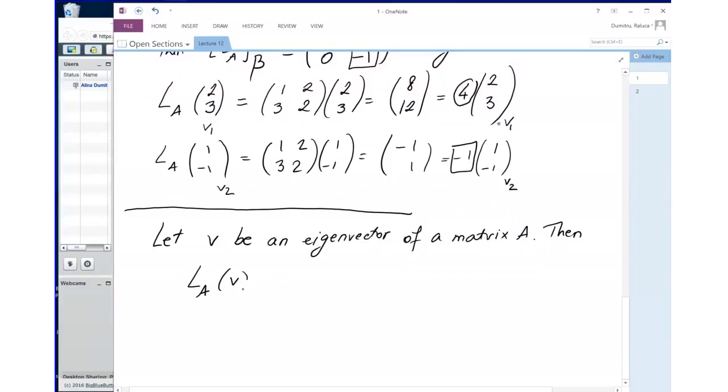So L sub A of V equals lambda V. Well, V has to be non-zero, first of all. So A V equals lambda V for some scalar lambda.